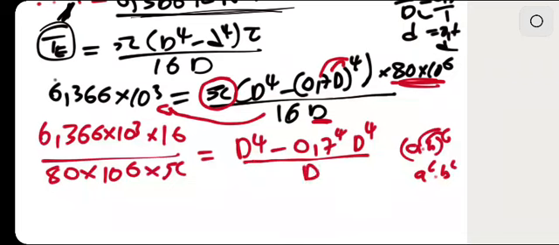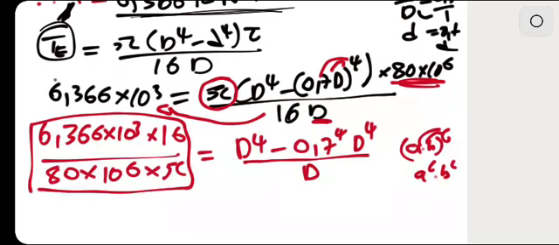The aim here is to punch this side. If you punch that on your calculator nicely, we'll have 405.285 times 10 to the power of minus 6 like that.